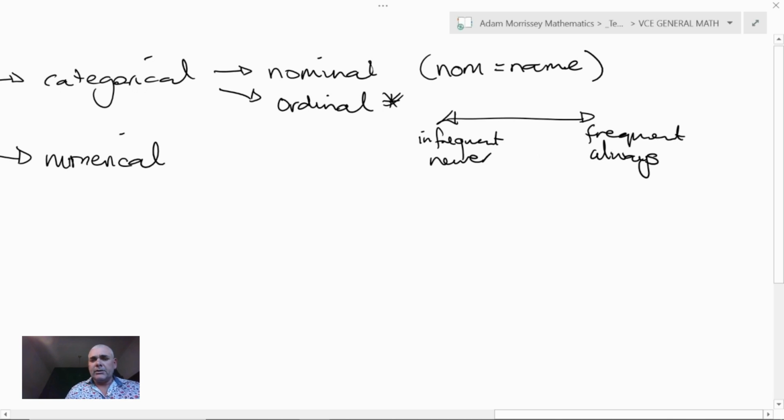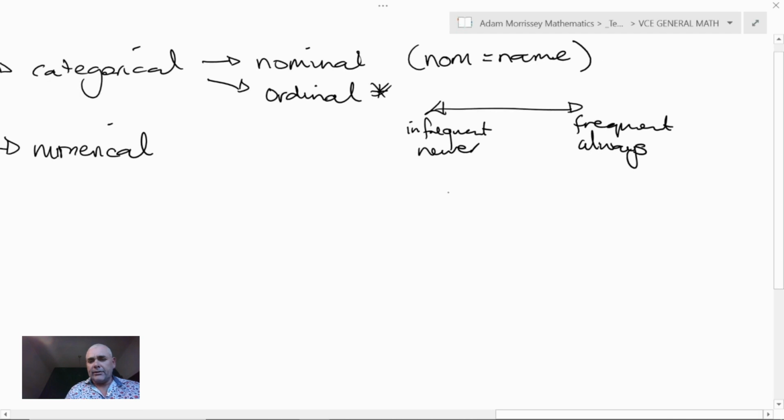Okay. And the other place where we need to really be careful is we could have some numerical data, but we've put it into, maybe for house prices here, $300,000 to $400,000 here. We've placed it in a category, and even though it's numerical data, there's some order to this.